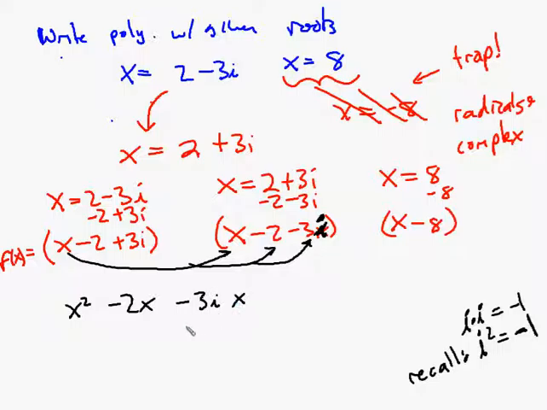I'm just going to put the x last because of Mr. Keynism. Okay, now I'm going to do the negative 2 goes to everything. So I get negative 2x plus 4 plus 6i. Any questions on how I got that?